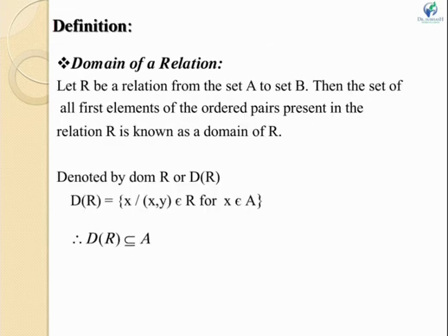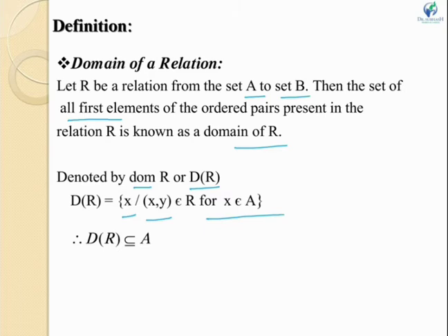Now next is domain of a relation. Let R be a relation from set A to set B, then the set of all first elements of the ordered pairs present in the relation R is known as domain of R. It is denoted by DomR or simply D(R), where D(R) equals {x : (x,y) belongs to R for all x belongs to A}.